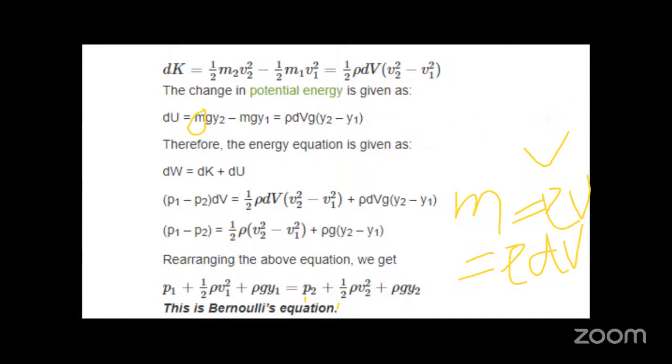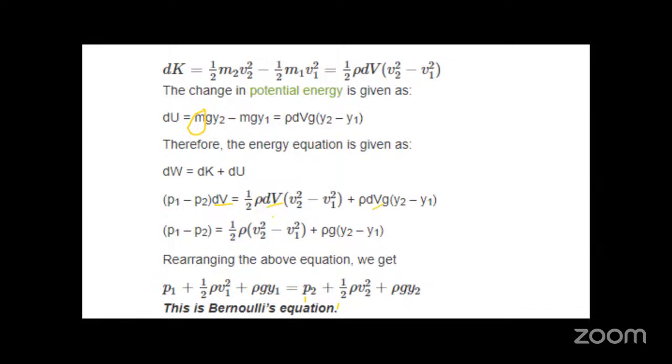So now we have an expression for our potential energy, our kinetic energy, and our work done. Our work done is equal to the sum of the change in kinetic energy plus the change in potential energy. So if we substitute all the parameters as we derived before, we'll see that dV is common here, here, here.